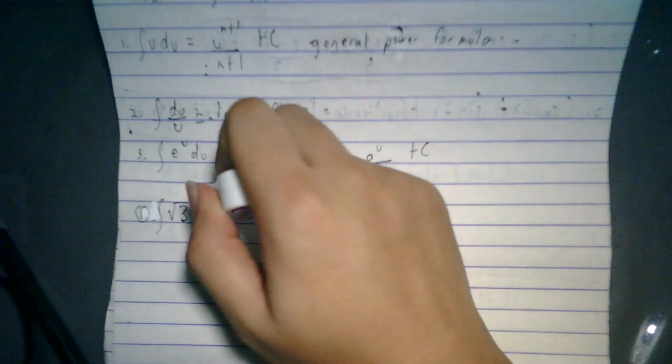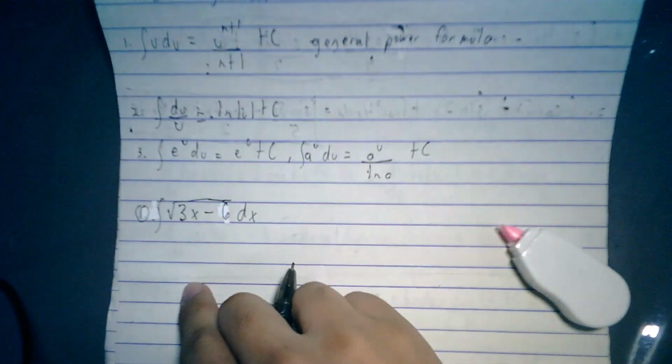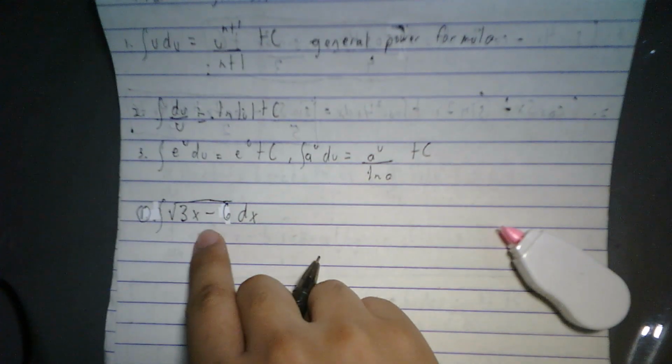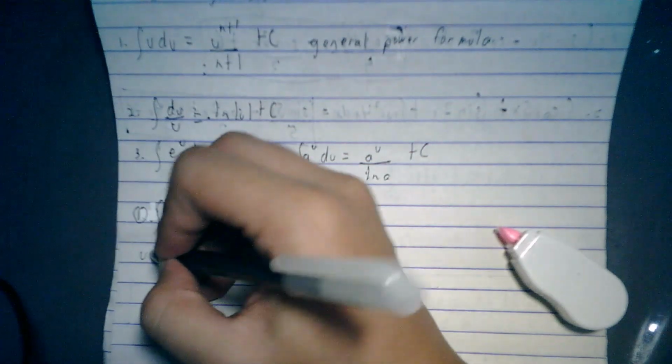Let's change that 4 to 6. The integral of square root of 3x minus 6 dx. First step, we will determine the u. The u here is 3x minus 6.